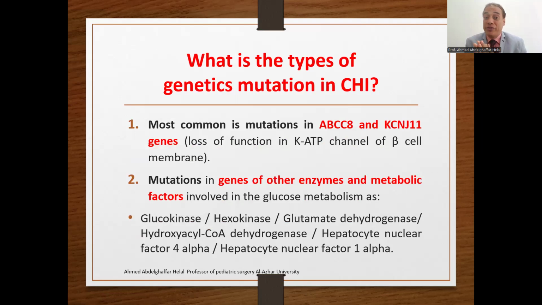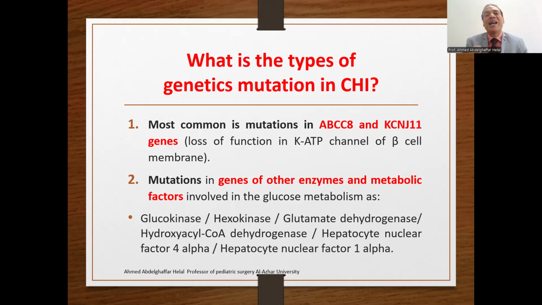So what are the types of the genetic mutation? The most common, as we said, is the mutation in the ABCC8 and KCNJ11 genes that are responsible for the function of the potassium ATP gate or channels of the beta cell membrane. Maybe other genetic mutations, yes.